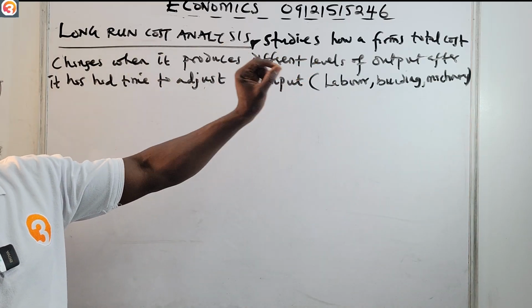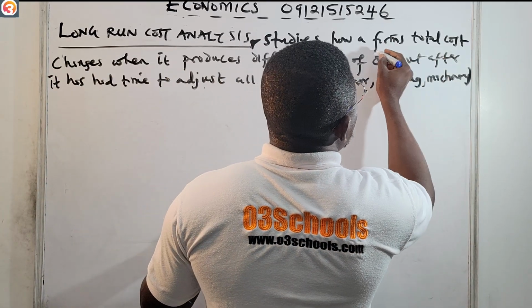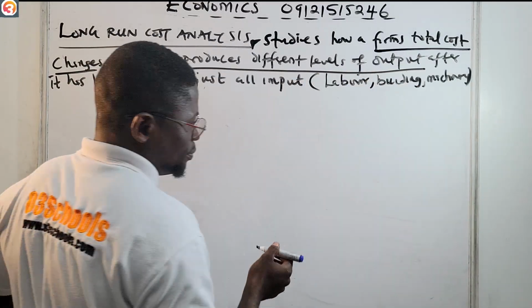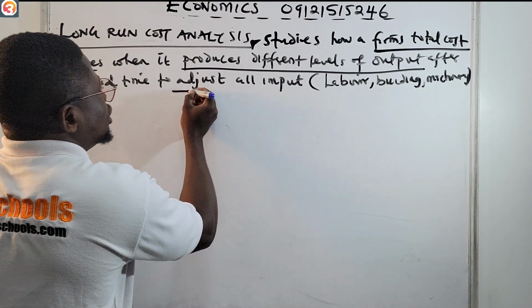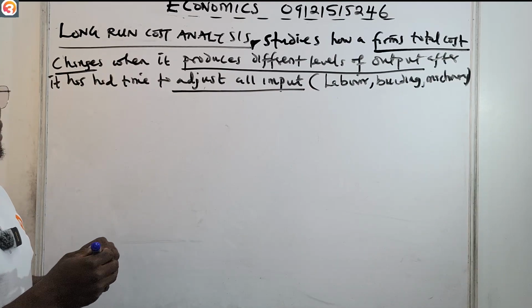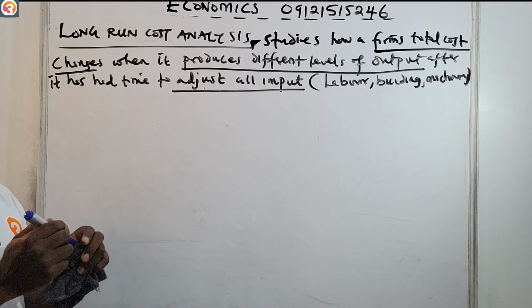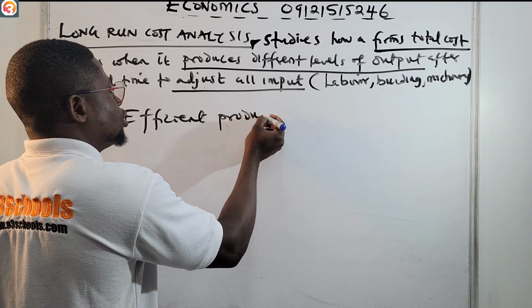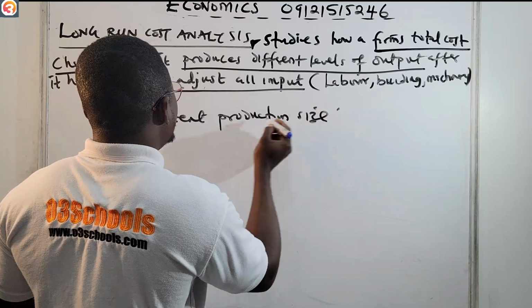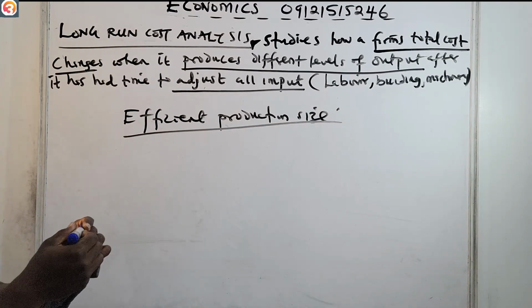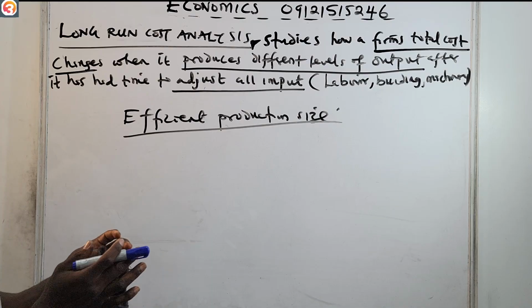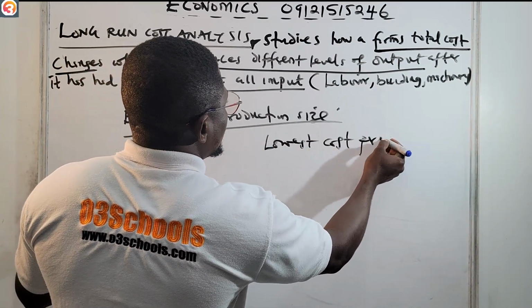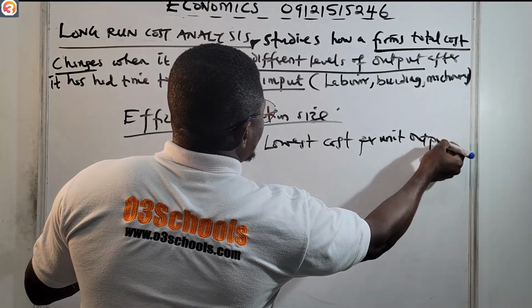So it studies how a firm's total cost changes when it produces different levels of output after it has had time to adjust all of these inputs.